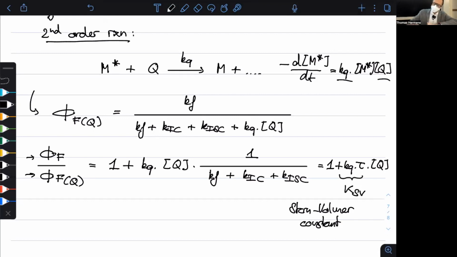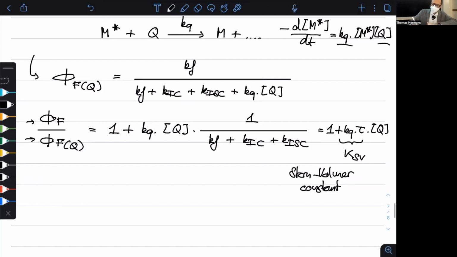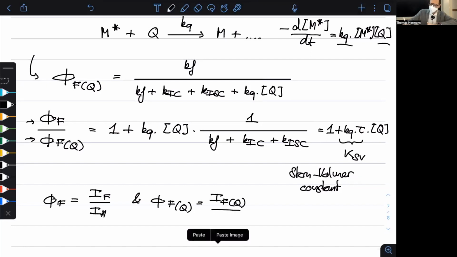Okay, so before we said that quantum yield is the intensity of fluorescence over that of absorption. So if quantum yield is high, you get a lot of light out. And the same thing we can write for quantum yield in presence of a quencher. That will just be the intensity of fluorescence with the quencher over the absorbed intensity.